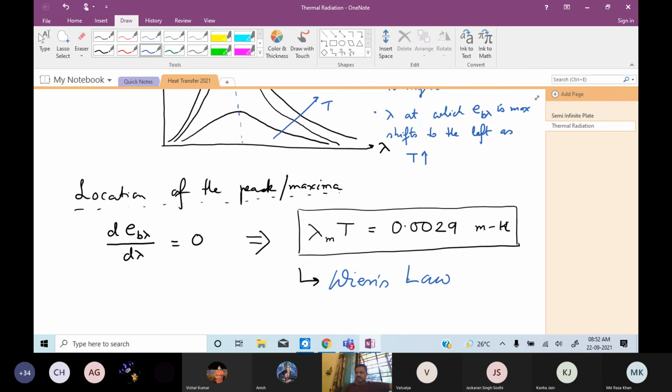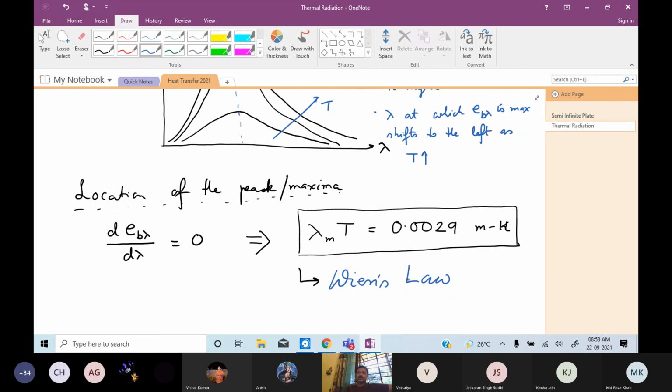Well, the answer is no. What you said is something that comes to our mind, that E lambda, the emissive power of a real surface, is emissivity times that of the black surface. So why should it change? That's the question, right? What you said is correct only when you can do a gray body approximation, where you're assuming that the emissivity is the same for all wavelengths, but it's not necessary.